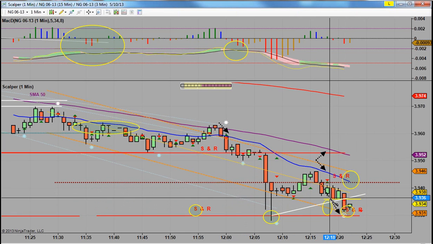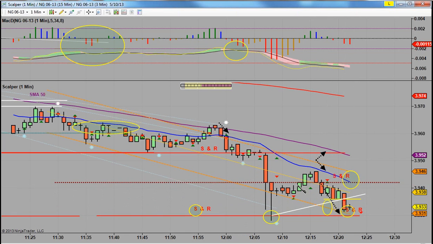One thing here is this one became resistance. This was support for a moment. Then it's resistance, and then it's support. And now it's resistance.